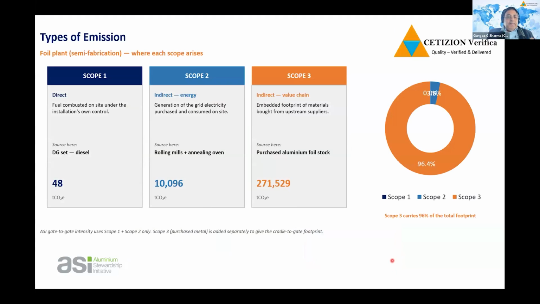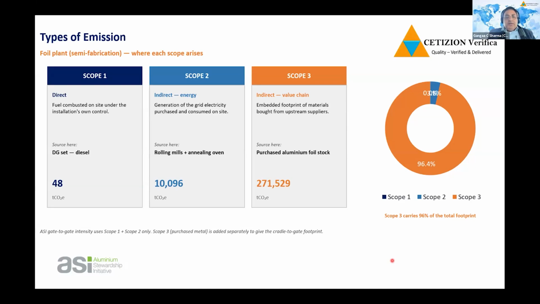We try to see how the numbers look for a typical foil company. Again, we consider a company based in India, to keep continuity with the smelter example of the Indian context with thermal power. So for this particular case, the diesel is generally only used for forklifts or some other applications, and it's around 48 tons CO2. So generally you will find scope 1 is not very high in a foil industry.